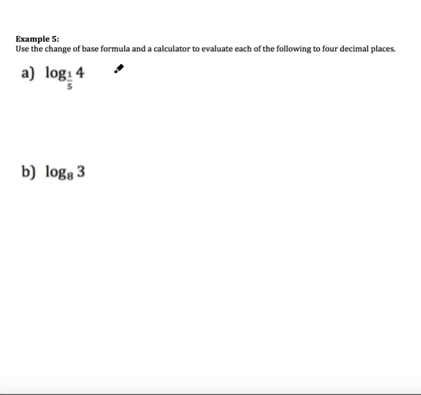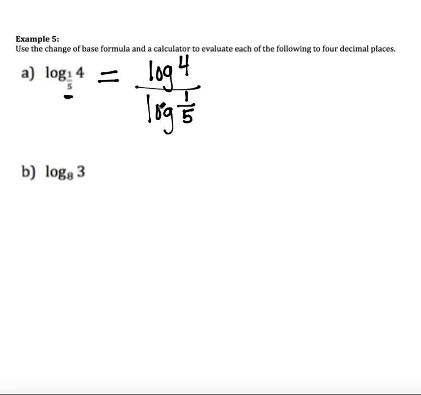Okay, we're going to change it to either base 10 or base e, which are 2 things we can type into the calculator. So base 10, remember, is just a log by itself. So the way the change of base formula works is you're going to take log of 4 divided by log of 1/5. And how you know where the numbers go is the base always goes on the bottom.